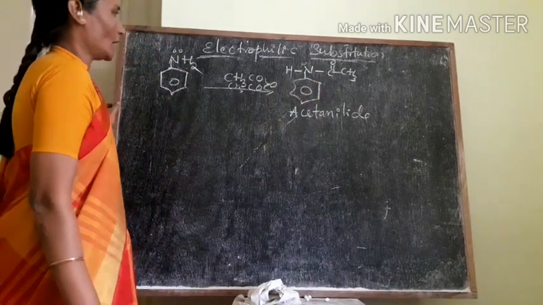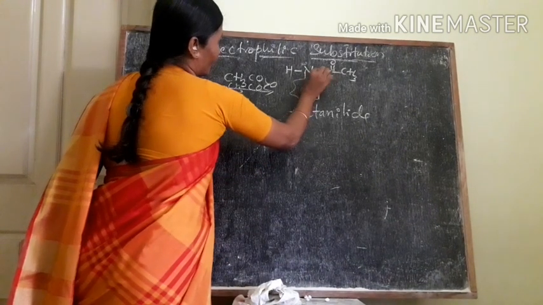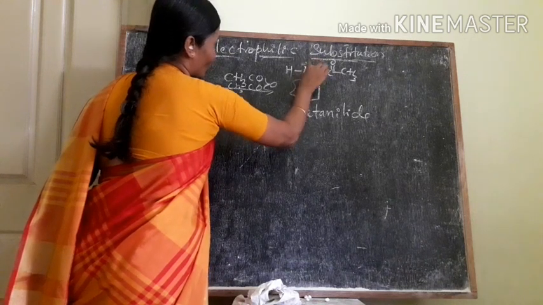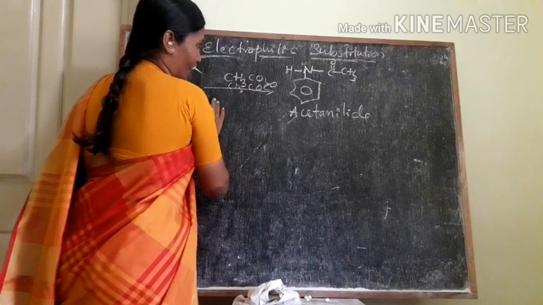That is the IUPAC name. Here the reactivity of this nitrogen is reduced. That means the protonation nature of nitrogen is reduced by acetylation or acylation.